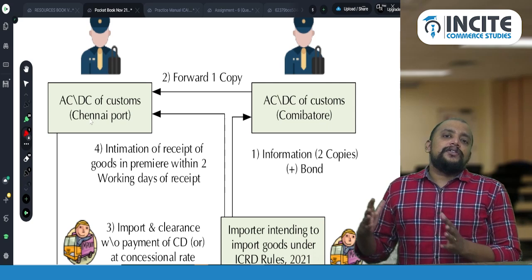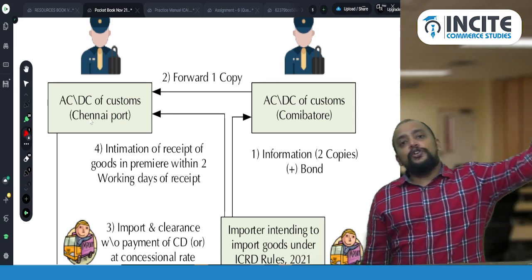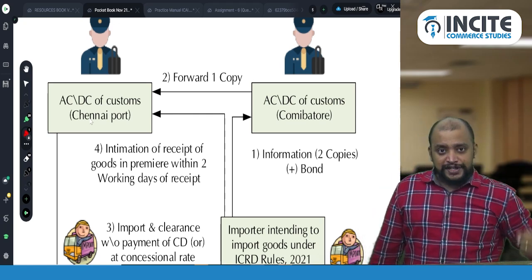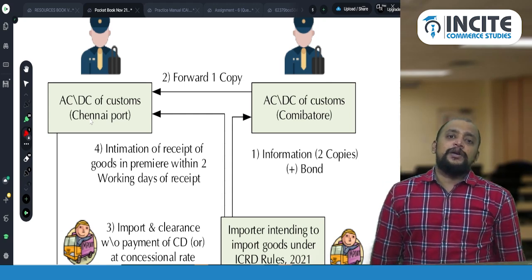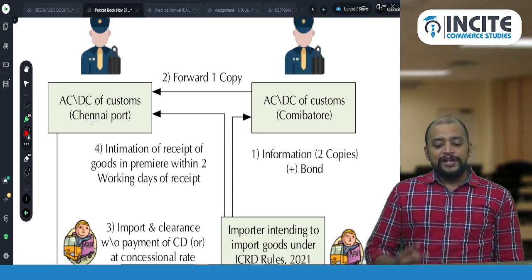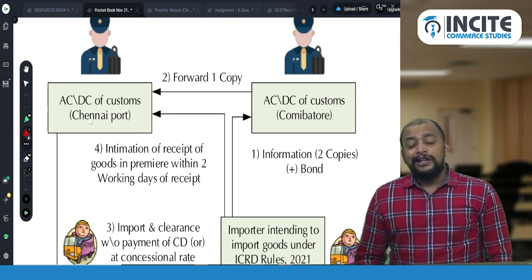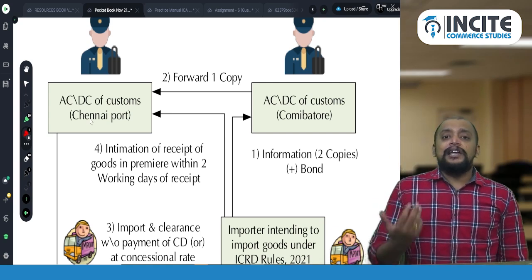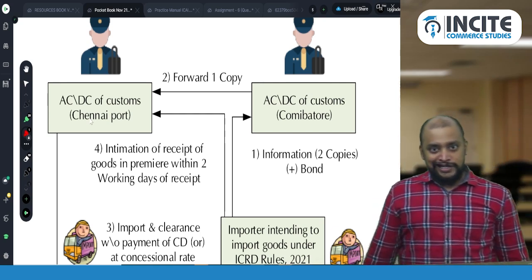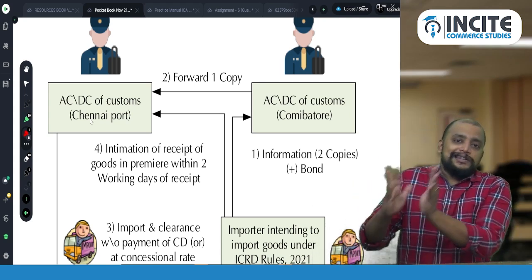that they are eligible, they are making COVID vaccine, so they can import goods without payment of customs duty. So they need to intimate the ACDC of Customs, with 2 copies of that information along with a bond that if these goods are not used for the specified purpose, then we agree to pay the customs duty. Like that, a bond needs to be executed with Coimbatore ACDC.